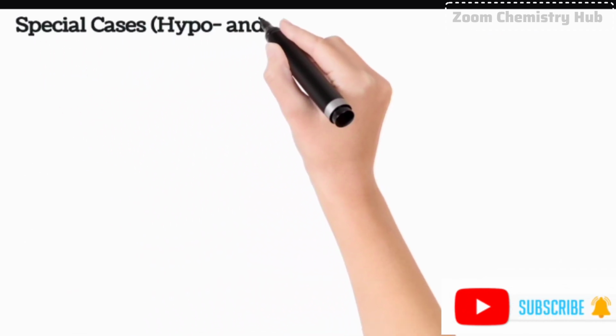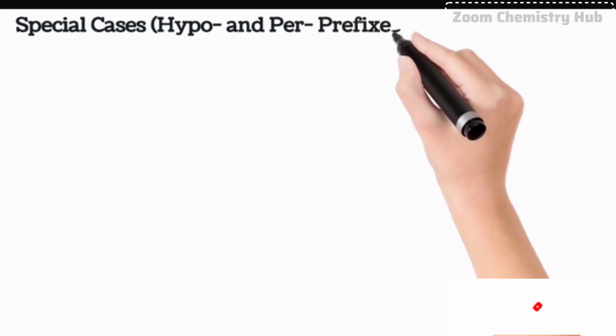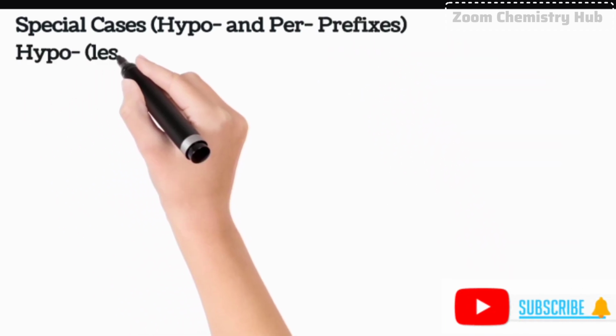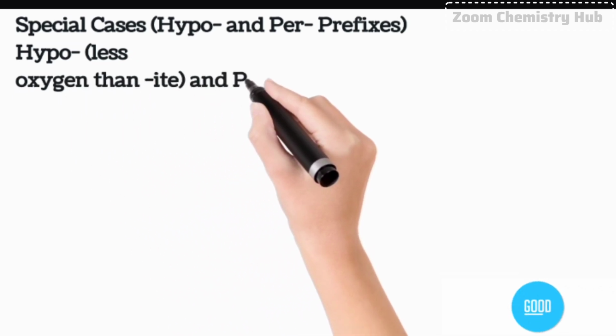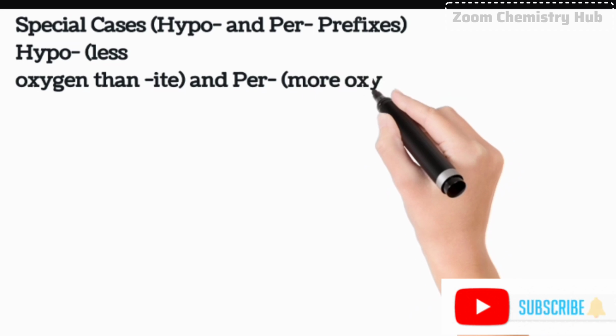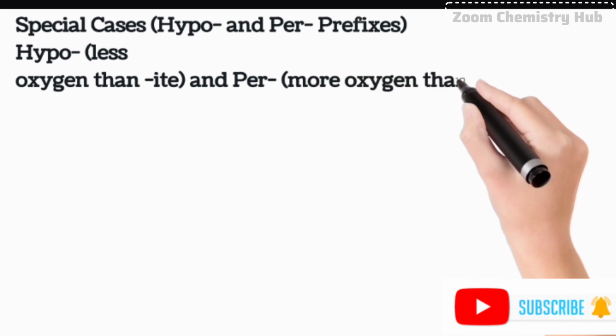There is a special or exceptional case where the hypo and per prefixes are also used. Hypo and per prefixes are used in oxygen containing anionic compounds.